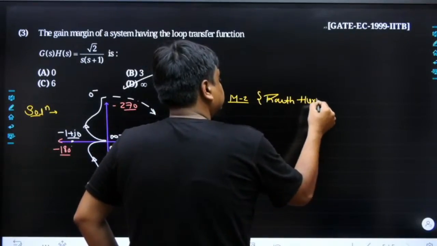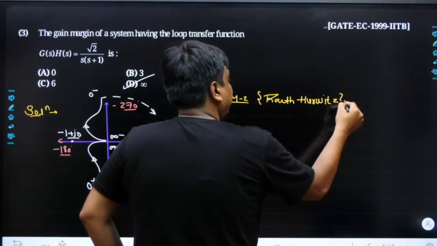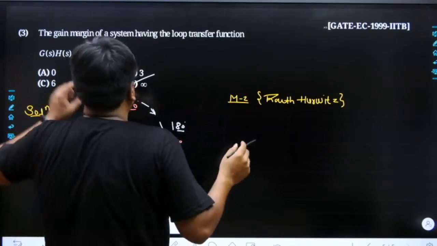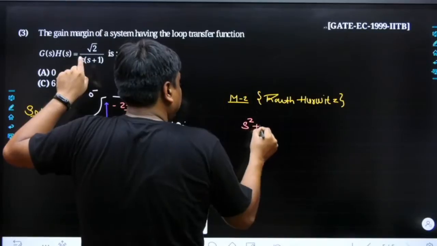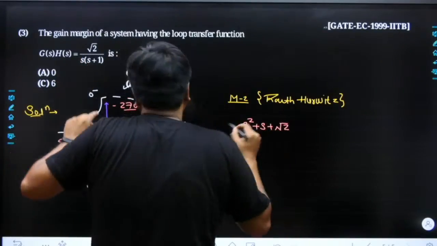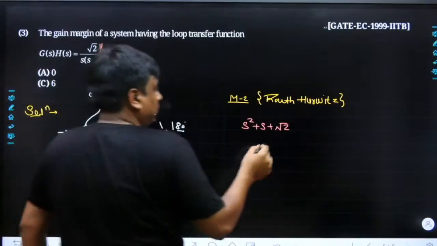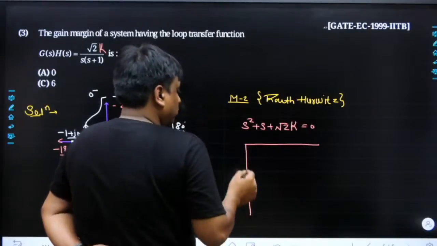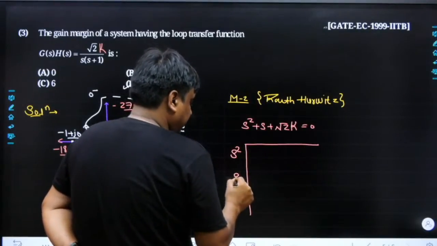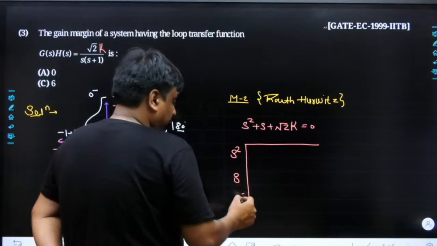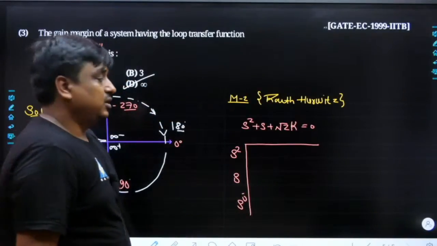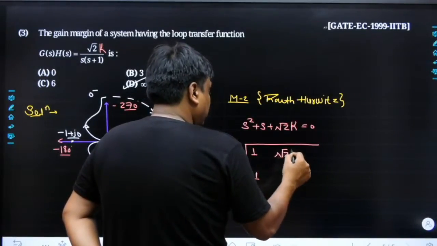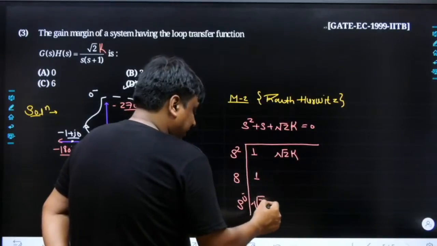As per the Routh-Hurwitz method, we take the characteristic equation as an input, and there it becomes s square plus s plus root 2 into k, equal to 0. Rather than taking root 2, I have taken this as k. Again, we make a Routh-Hurwitz table whose first row is dedicated to s square, then s to the power of 1, and the last is s to the power of 0. May I know what data we have? Here we have 1, here we have 1, here we have root 2 k, and here also root 2 k gets repeated.